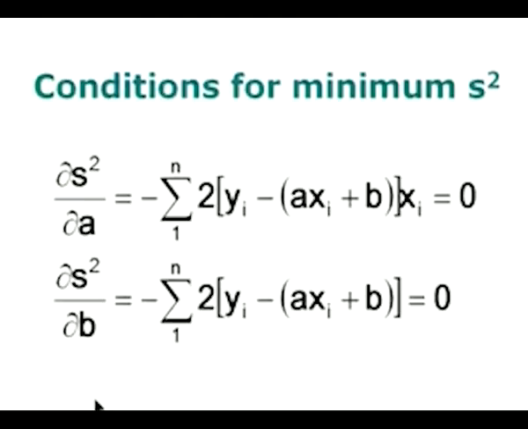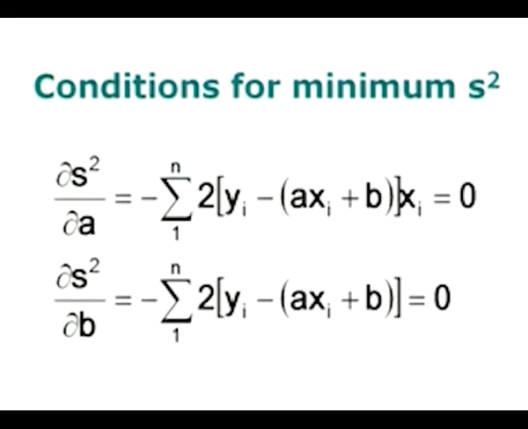So, minimization requires that we evaluate 2 derivatives: the partial derivative of s squared with respect to a, which is one of the parameters, and the partial derivative with respect to b, the second parameter. Please notice that we are taking the derivative with respect to the parameters; x and y are all given values.